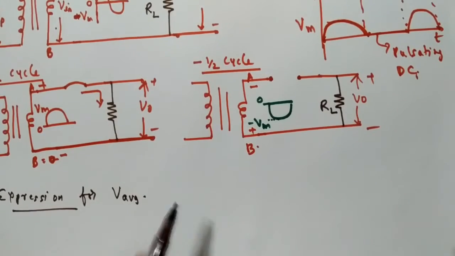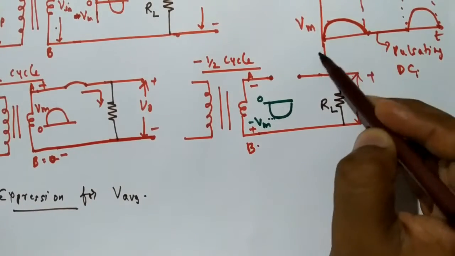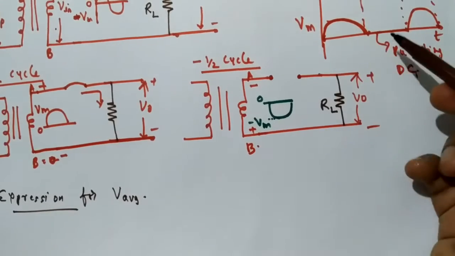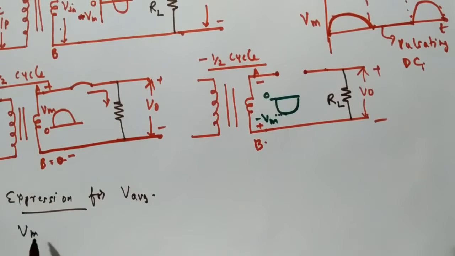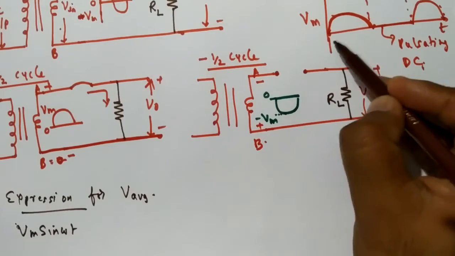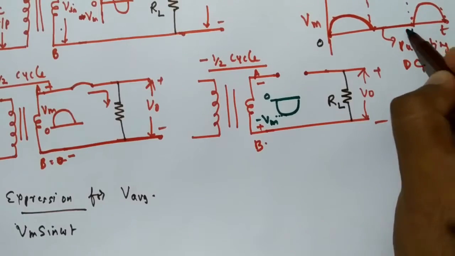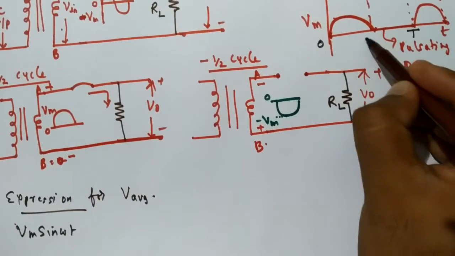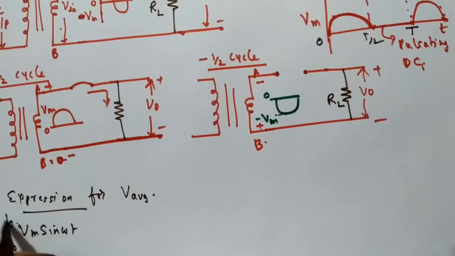Now here the sample is nothing but the function. What is the function? It is Vm sin omega t. This is the function, so now you have to add. From where to where do you have to add? You have to add from 0 to T. This is 0, this is T by 2, and this is T. So from 0 to T, you integrate.